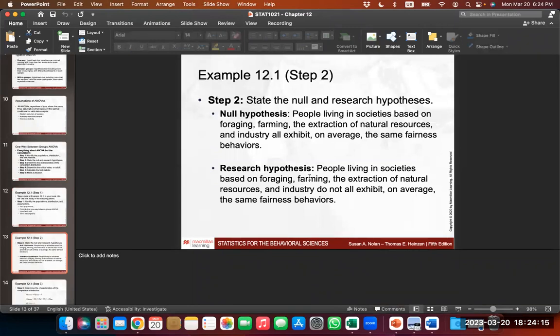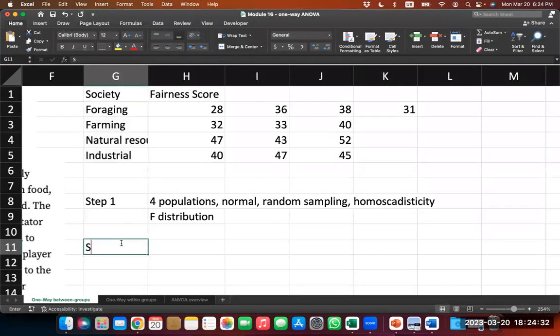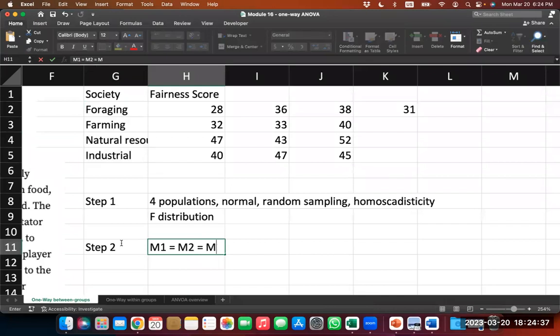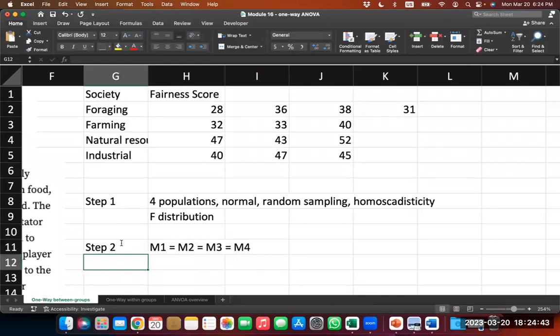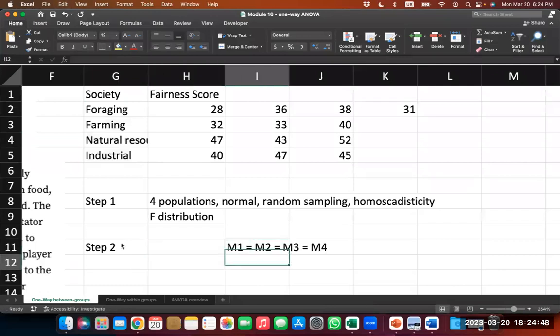The null hypothesis is that people living in societies based on foraging, farming, extraction of natural resources, and industry exhibit on average all the same fairness behavior. So one possible null hypothesis could be M1 equals M2 equals M3 equals M4. That's our null hypothesis. And then the alternative hypothesis is that at least one is different.